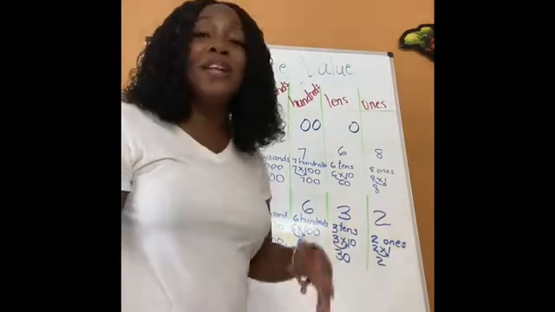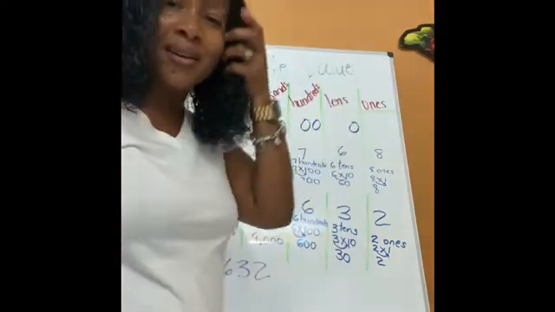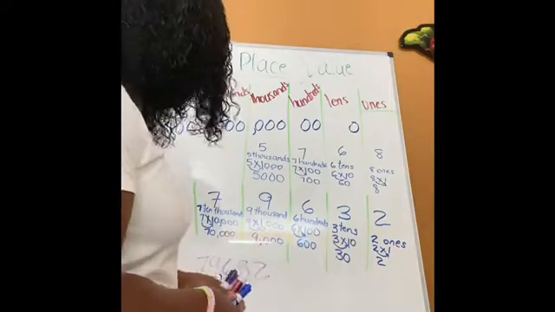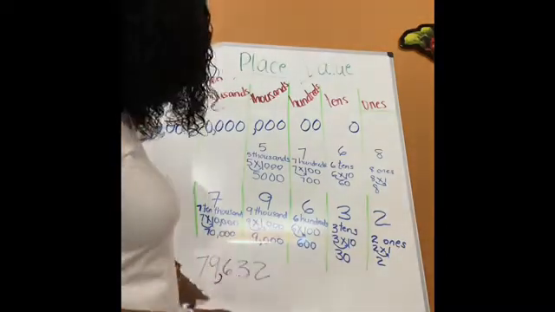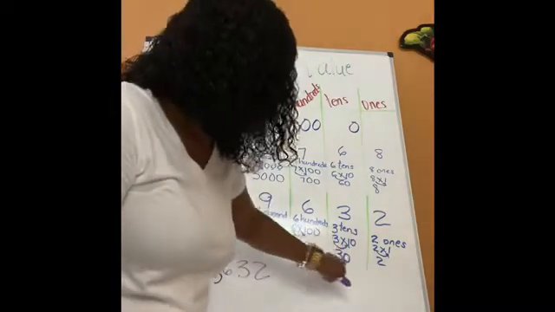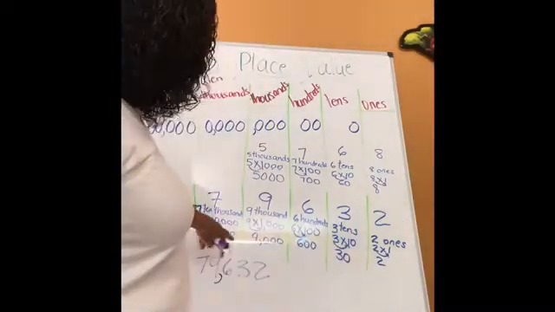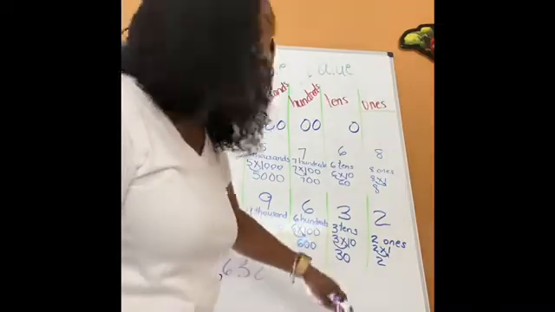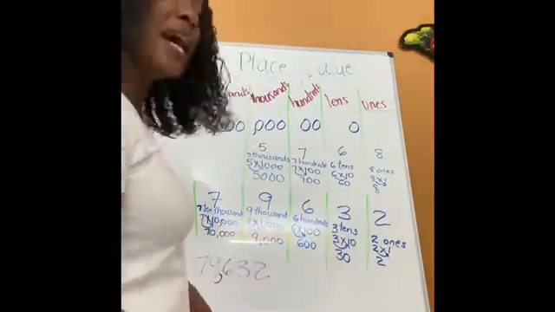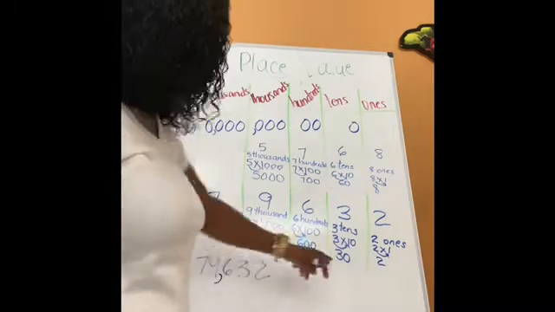79,632. Now when the numbers get this big, there's something else we can do to help us figure out the total. But we already had the total. If they had just given you these numbers, you could add them up to get the total, which would be 79,632.